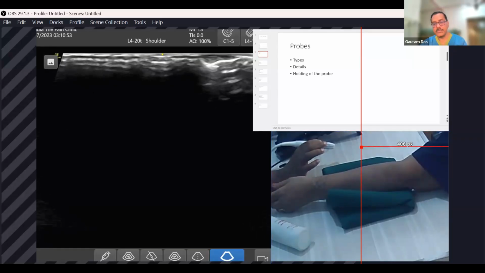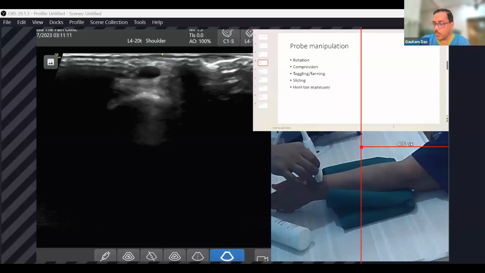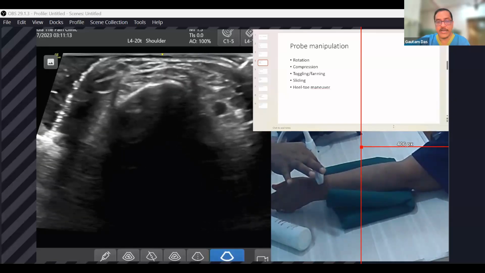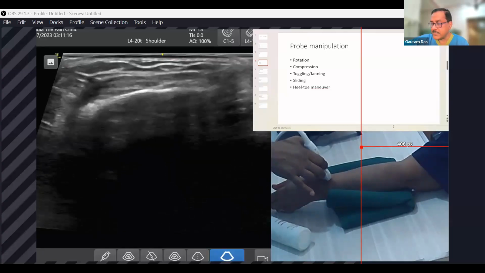Then that is a little bit about the probe. Now the probe manipulations. What are the different kinds of probe manipulation? One is rotation. Before rotation, what was already discussed is the long axis and short axis. Suppose this is the hand, and if I am holding the probe like this, this is short axis. And if I'm holding the probe like this, this is your long axis.